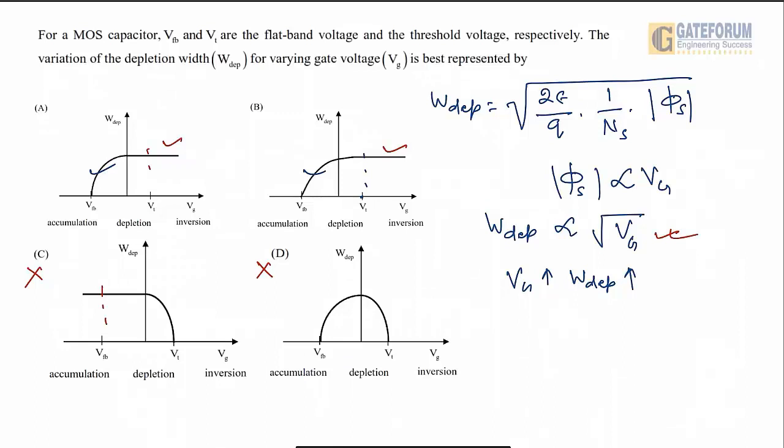So if Vg is more, then W depletion will be lesser compared to option A. So the magnitude should be lesser because of this square root. So the best describing option for this graph is option B. So option B is the right answer for this question. And this is the end of the explanation for this question.